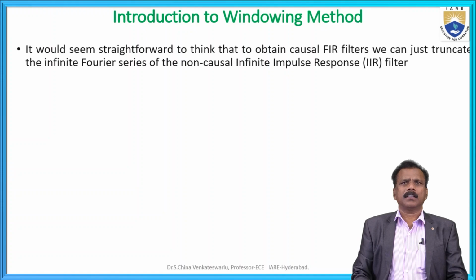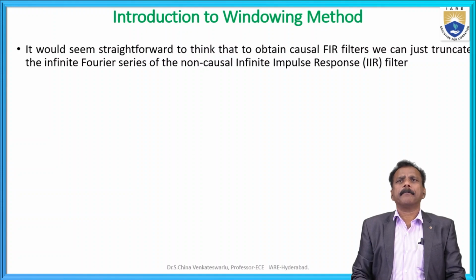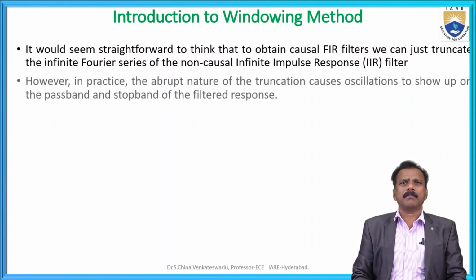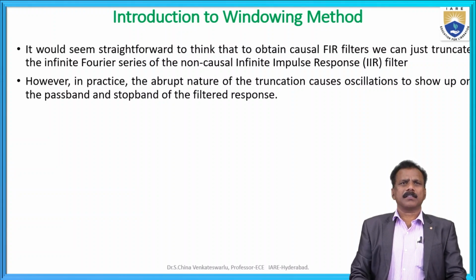It would seem straightforward to obtain causal finite impulse response filters by just truncating the infinite Fourier series of the non-causal infinite impulse response filter. However, in practice, the abrupt nature of the truncation causes oscillations to show up in the passband and the stop band of the filtered response.